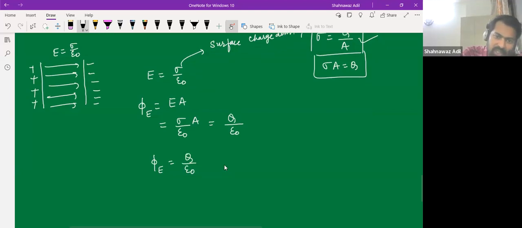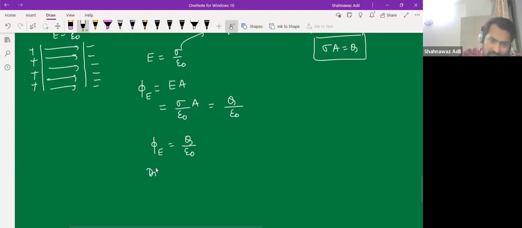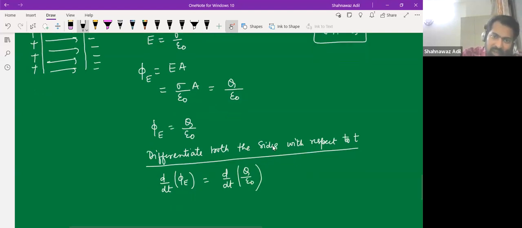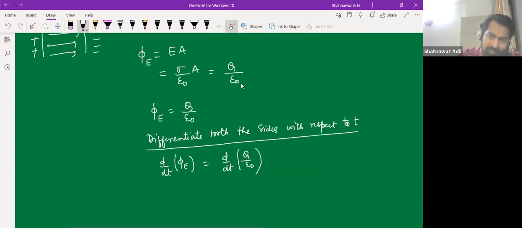And then I differentiate both the sides with respect to t. Then this would be d by dt of phi E, and this is d by dt of Q by epsilon naught. Epsilon naught is the permittivity of free space.